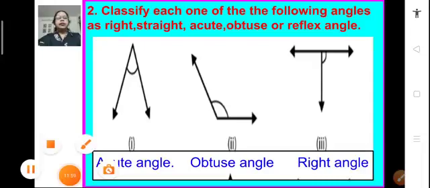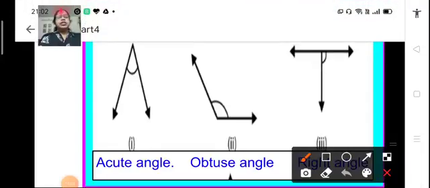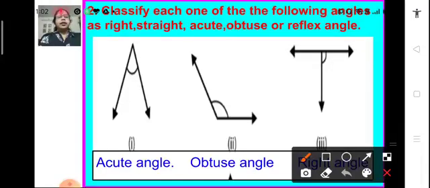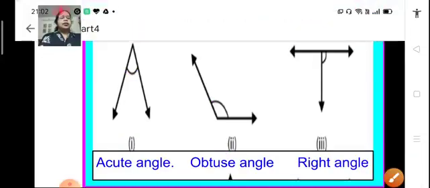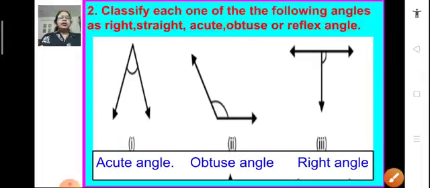So, we can see the angle in the first one is less than 90 degrees. So, it is an acute angle. And here the second one, the measurement of the angle is more than 90 degrees, but it is less than 180 degrees. So, it is an obtuse angle. And the third one shows a right angle.